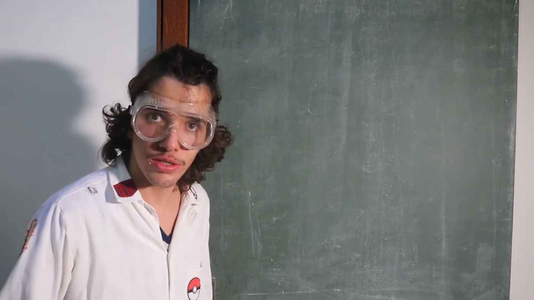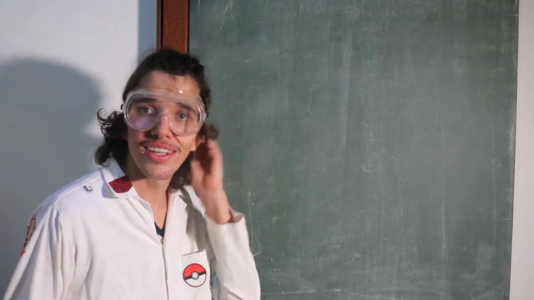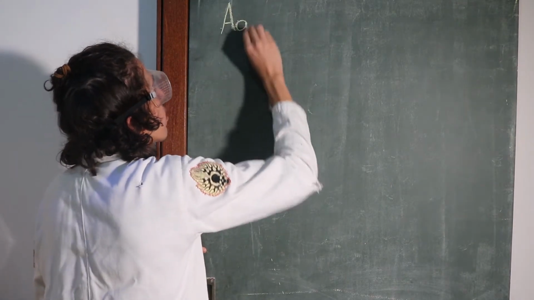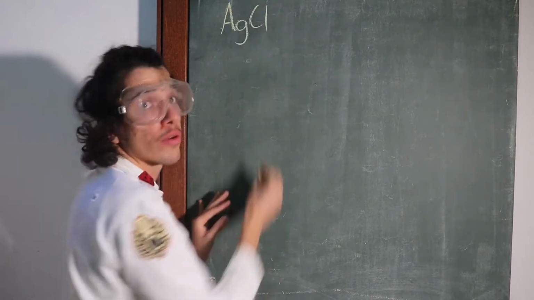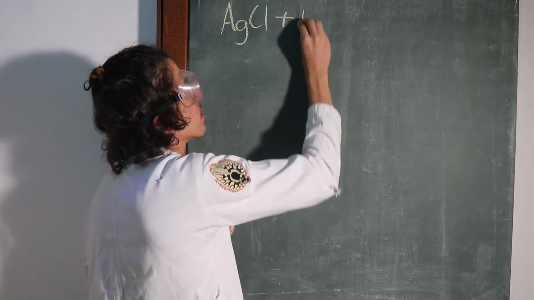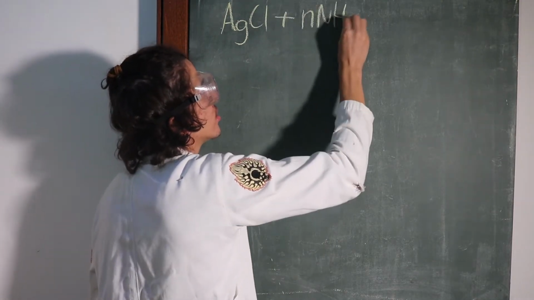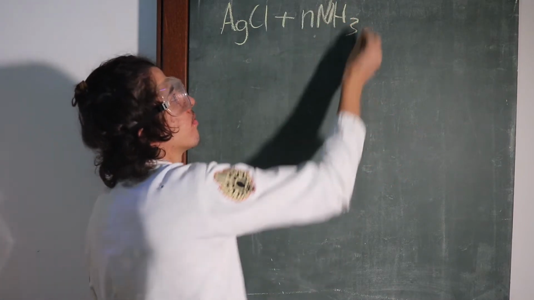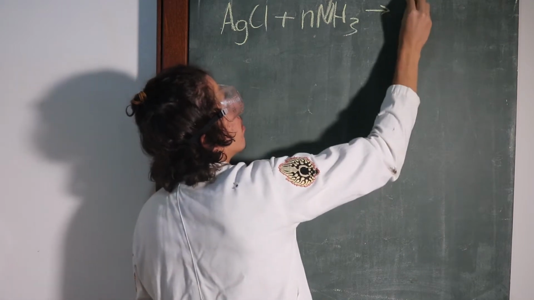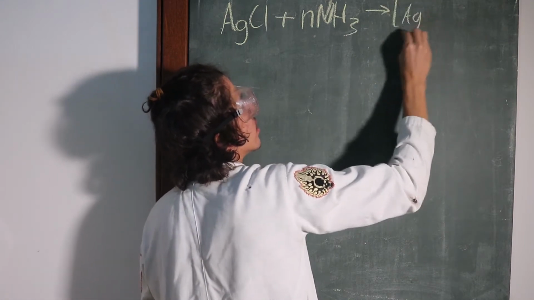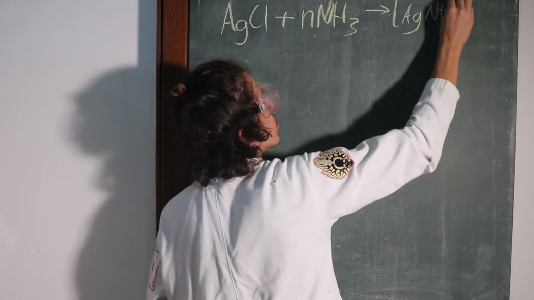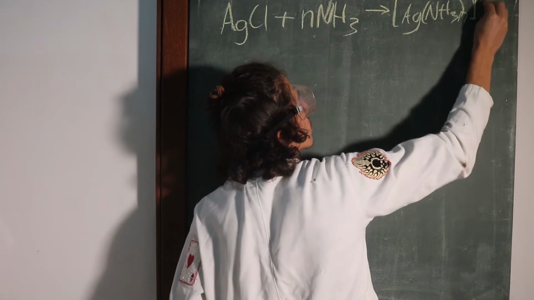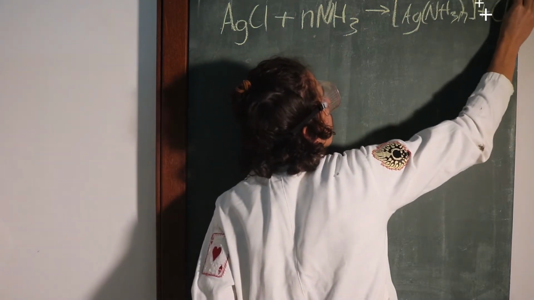Okay, did you try it? Did you not try it? There's no problem, we're going to do it anyway. So we have silver chloride, AgCl. We add n moles of ammonia, NH3, forming the complex, which is Ag(NH3)n plus Cl minus.